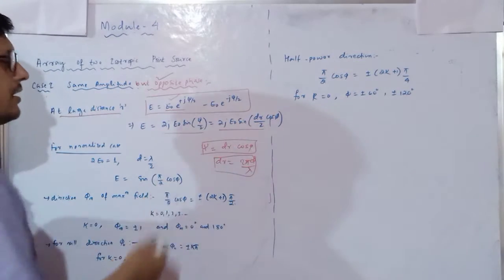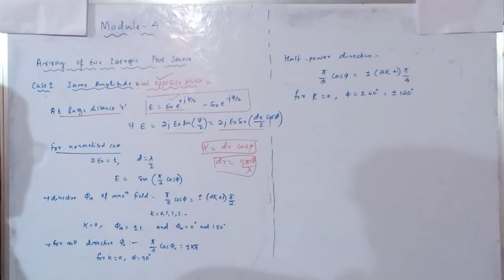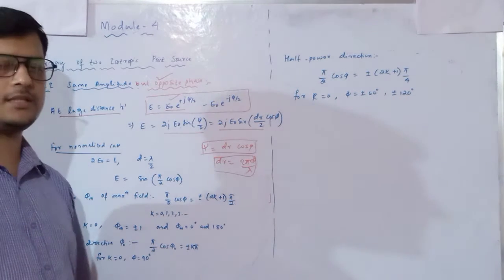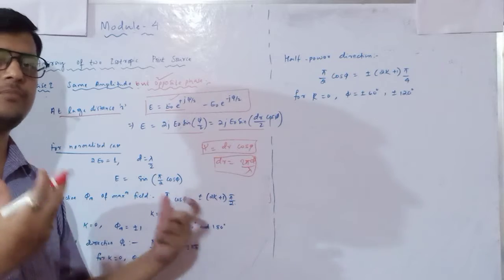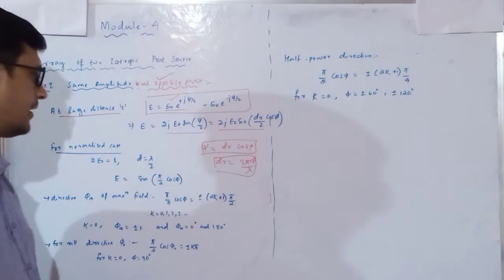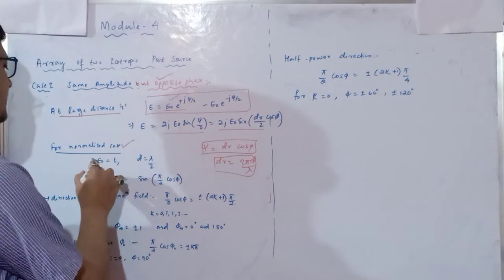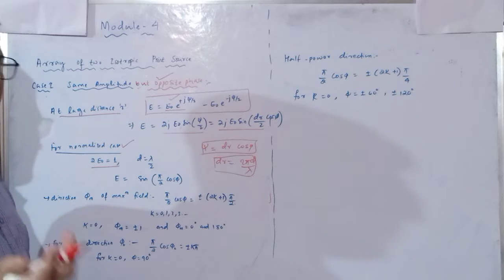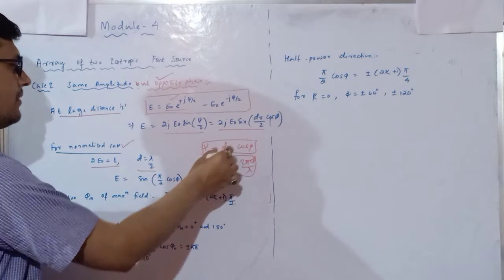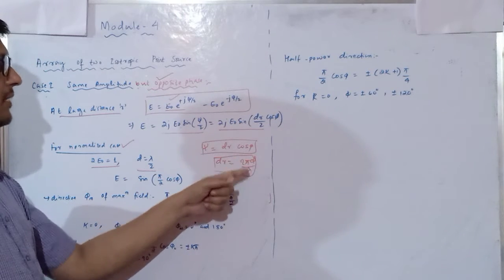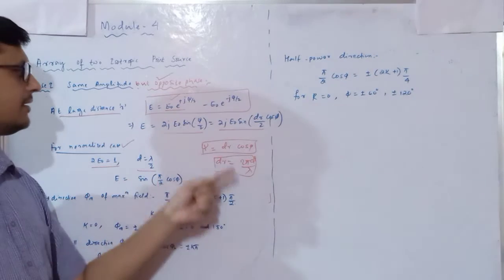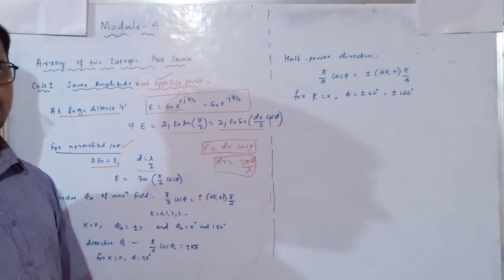Now we will substitute a few values to determine which is the maximum value, which is the null value, and where the positions can be identified. So for the normalized case, let 2 E naught be 1, and d is equal to lambda by 2. So if you put lambda by 2, you will get dr as pi. So psi is equal to pi cos phi.